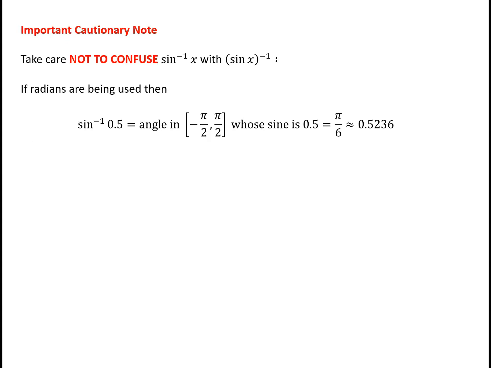On the other hand, sine of 0.5 to the minus 1 means 1 over sine of 0.5, which we've seen is the same thing as cosec of 0.5. And if we calculate it as 1 over sine of 0.5, we obtain a value of 2.0858. So sine to the minus 1 of x is very different from sine x to the minus 1.